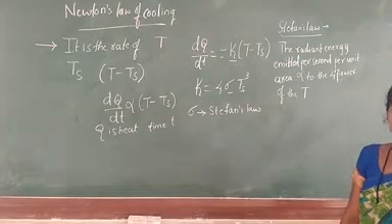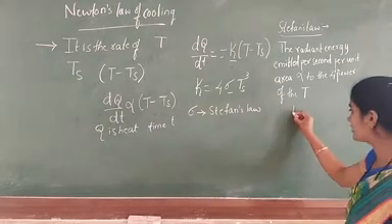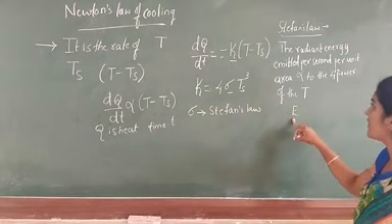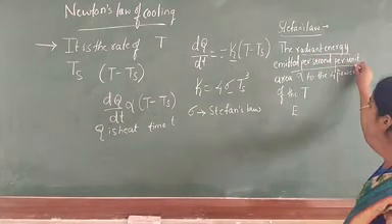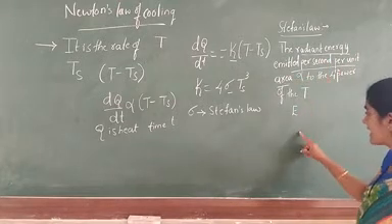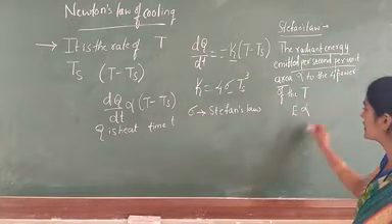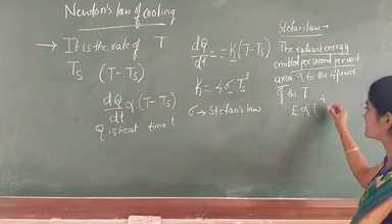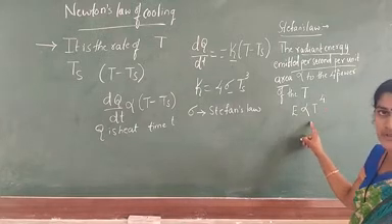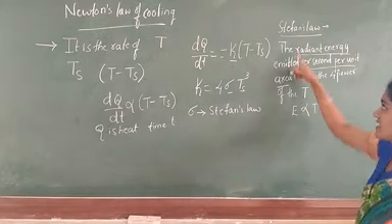This can also be written as: the radiant energy emitted per second per unit area is directly proportional to T raised to 4, the fourth power of the absolute temperature. This is Stefan's law.